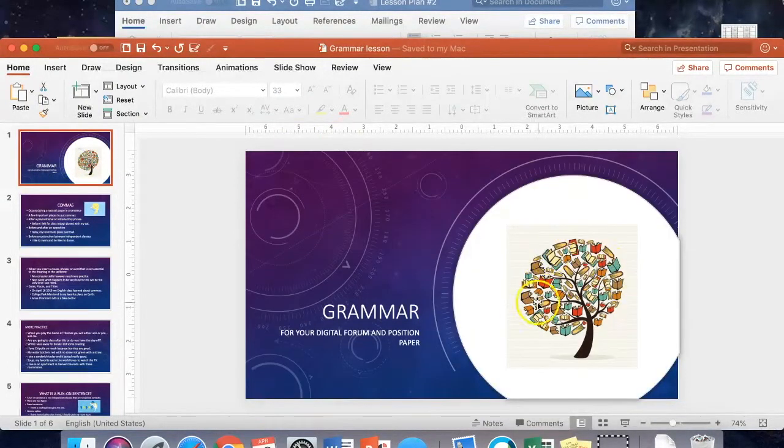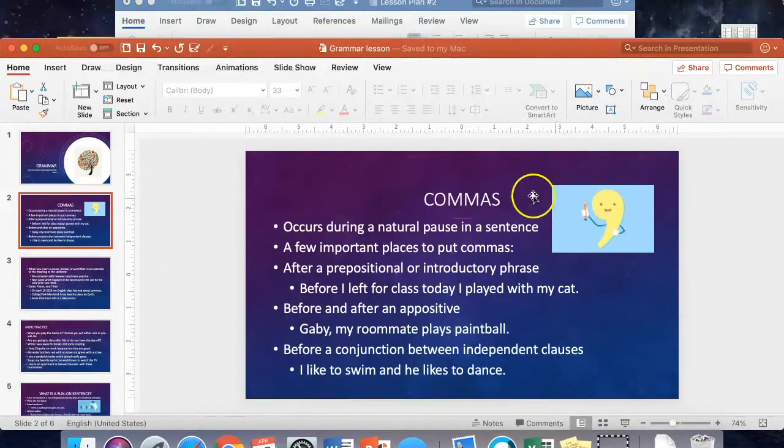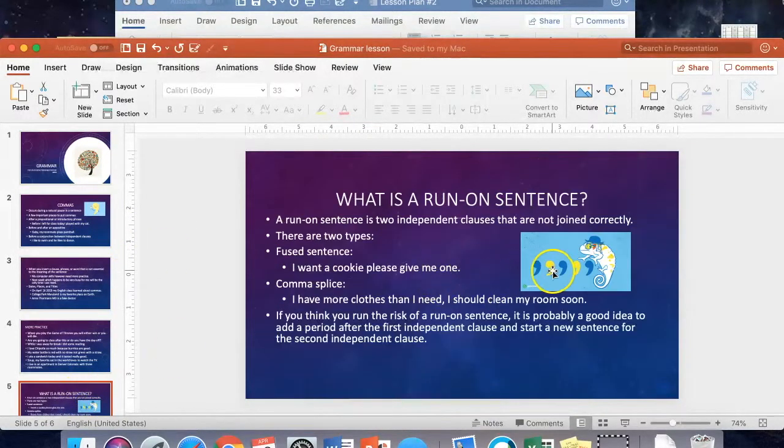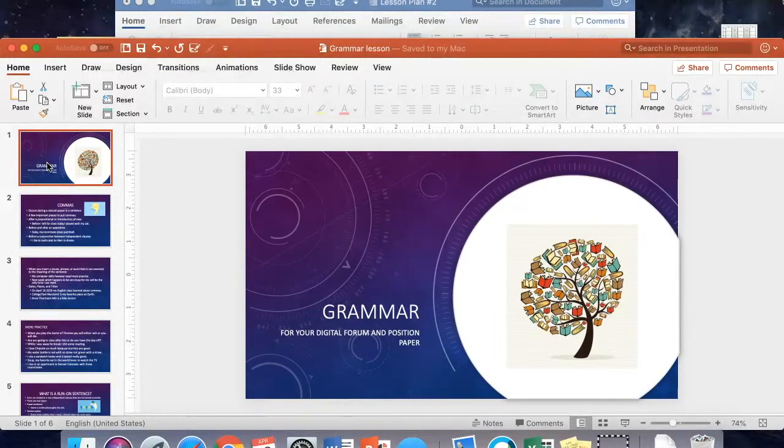I tried to include as many pictures as possible. As you can see, I have a few fun pictures. This is comma, comma, comma, comma, comma, chameleon. Because I feel like pictures will typically help them pay more attention in these kind of more maybe mundane lesson plans.